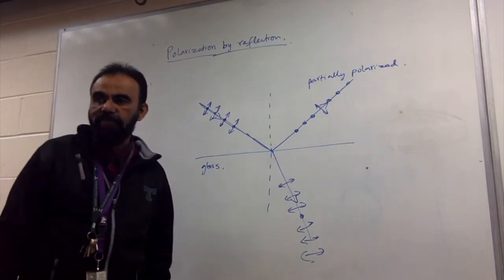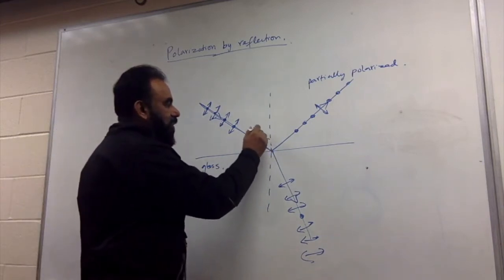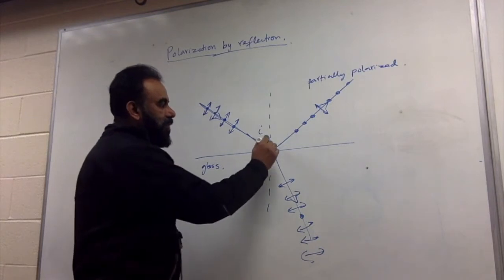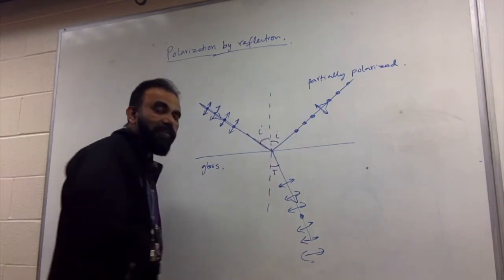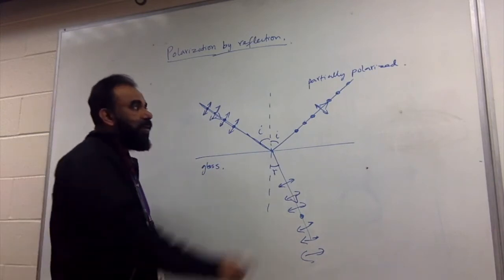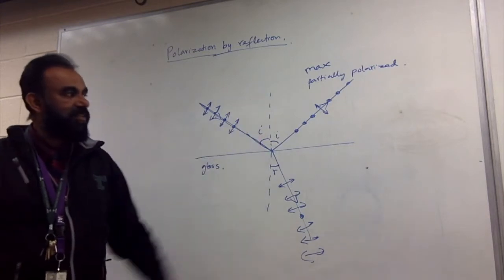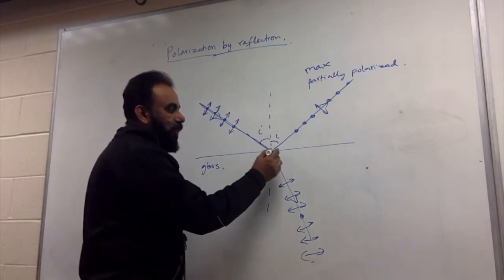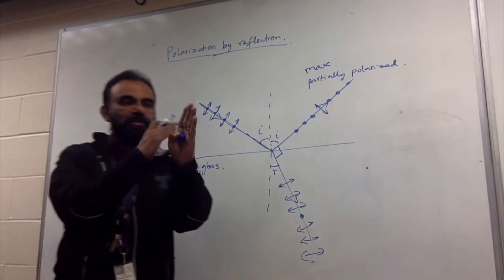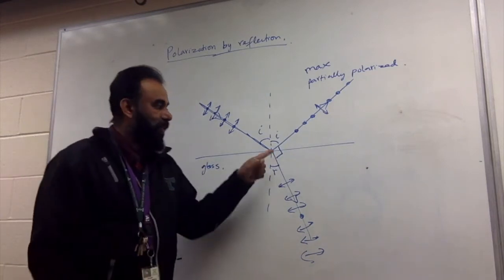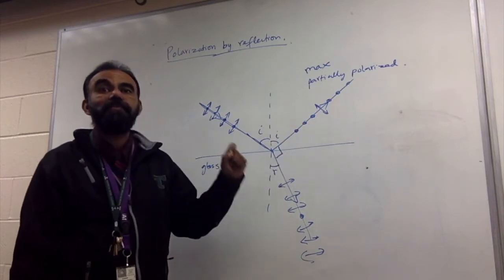Both are partially polarized. If this angle of incidence is I, this angle is also going to be I, and this angle of refraction R. When will you get maximum partially polarized reflection? When this angle is 90 degrees, because between horizontal and vertical it is 90 degrees. So when the angle between the reflected light and the refracted light is 90 degrees, you get maximum.